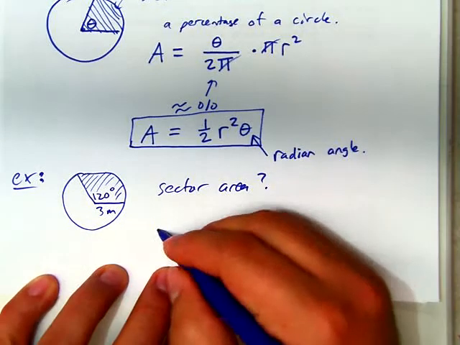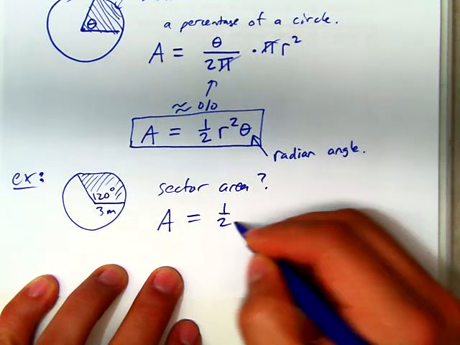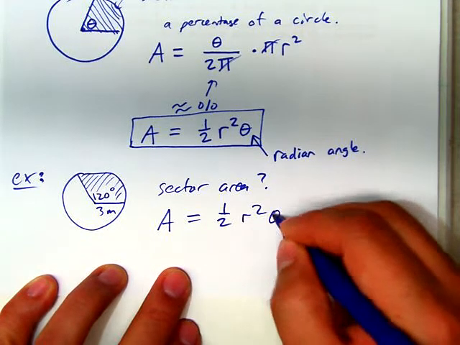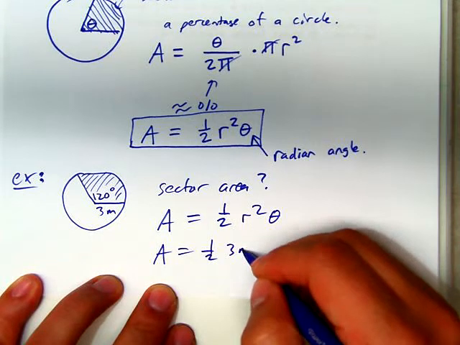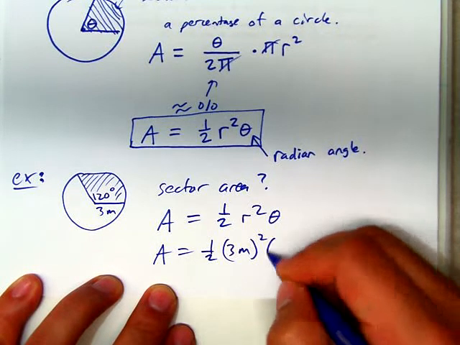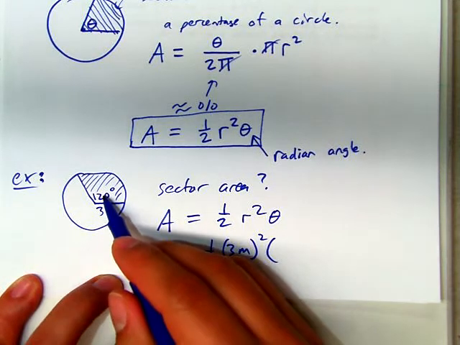Okay, so sector area is simply 1/2 r squared theta.